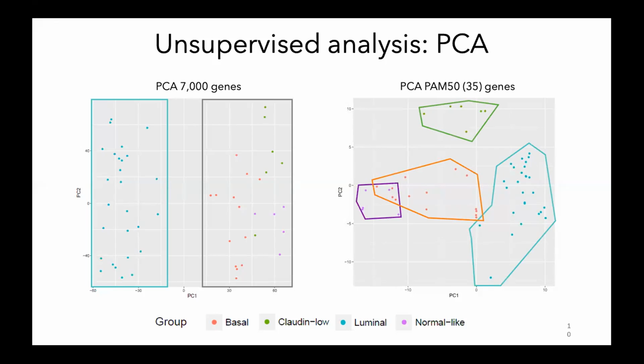So we understand that the variability in the data, as you see here in 7,000 genes, is high, right? And in 15 genes, the variability is somewhat, I would say, less random. So the variability in the data affects the performance of the algorithm, right? You can totally make that out.